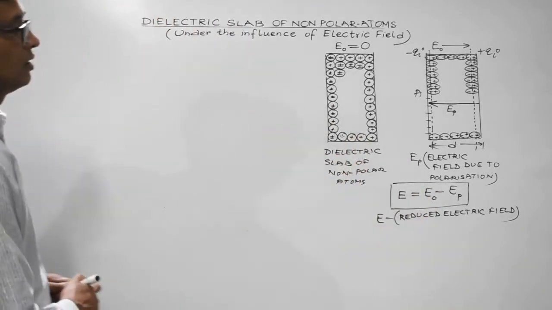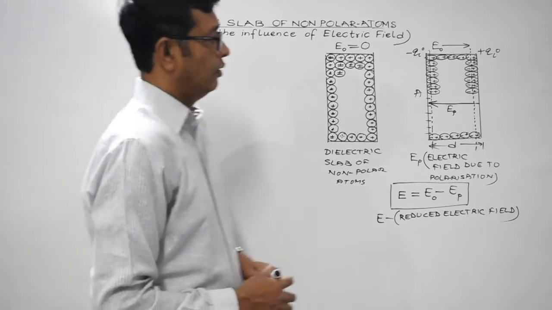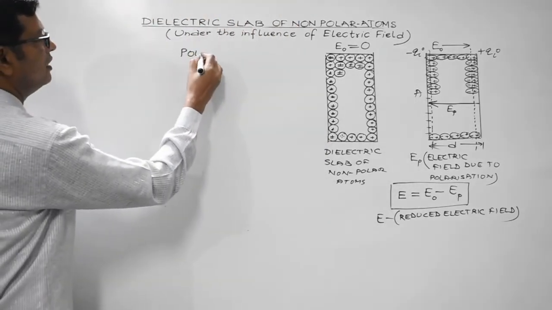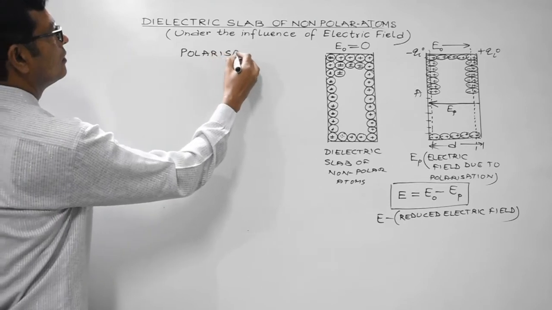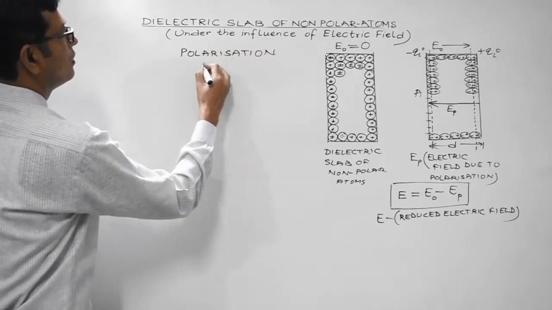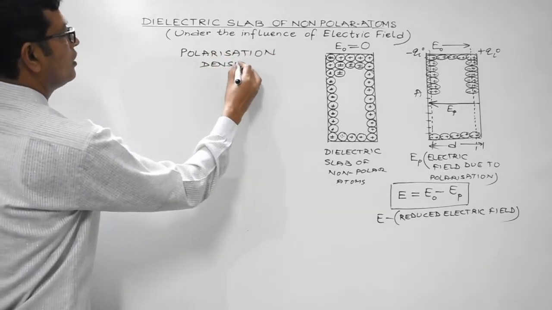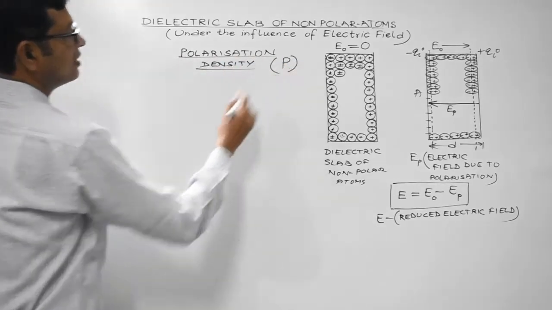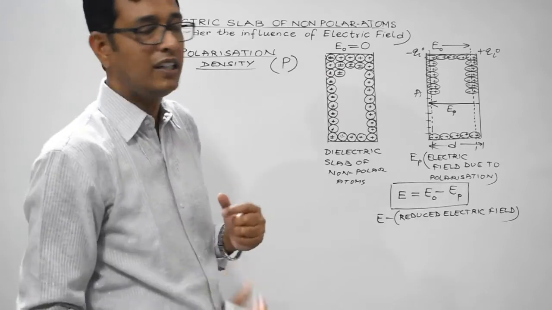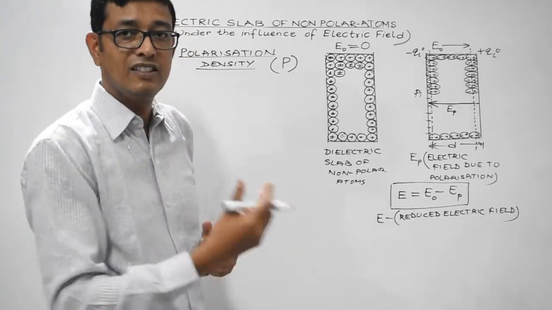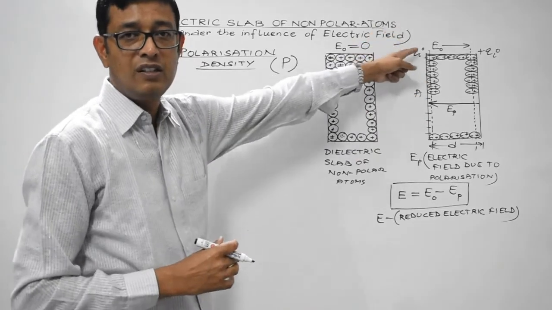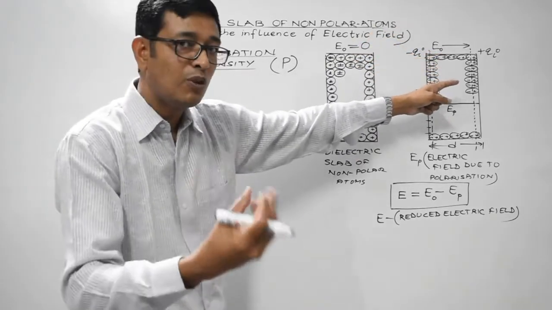Also students, we need to discuss a very important term, polarization density. I will represent it by capital letter P, polarization density. Density means per unit volume, right? Now look, each atom under the influence of an electric field will develop its own dipole moment.